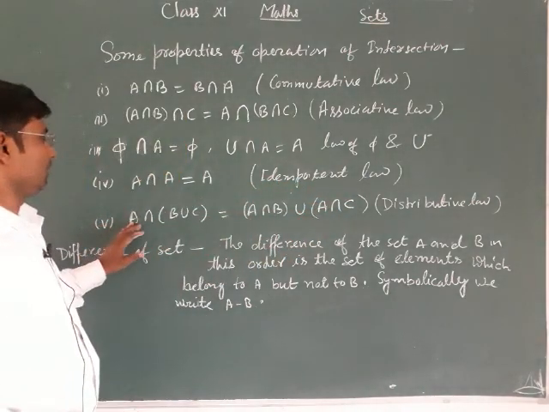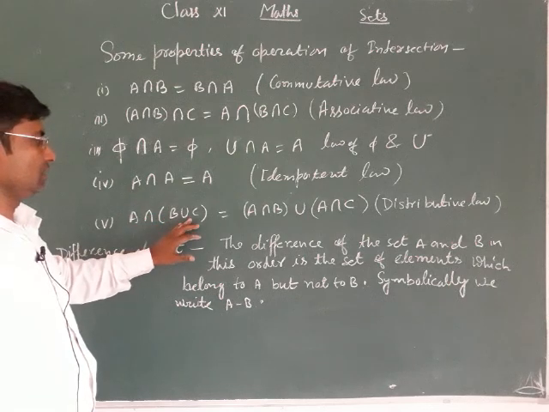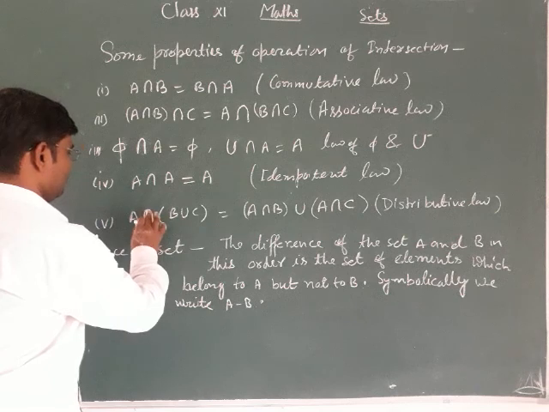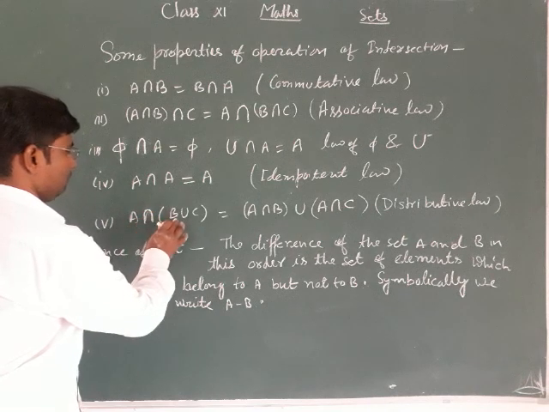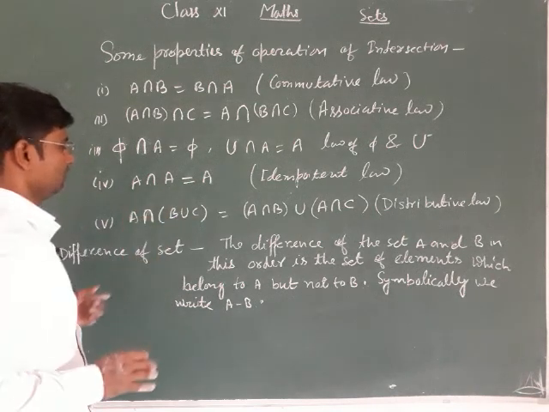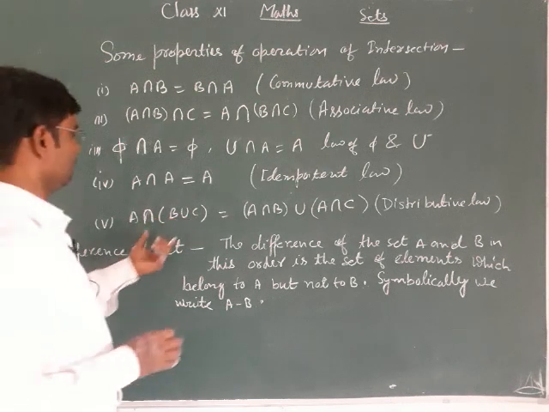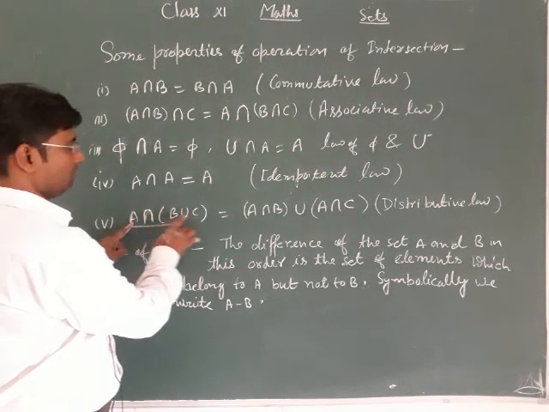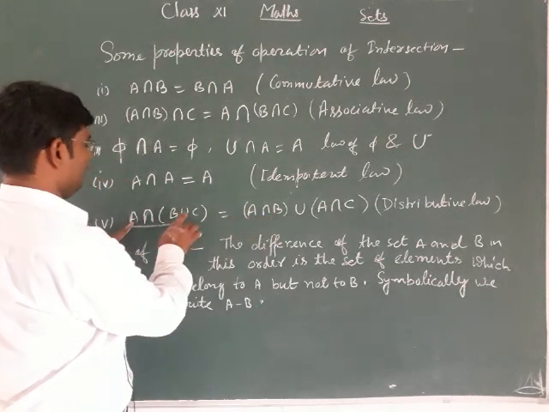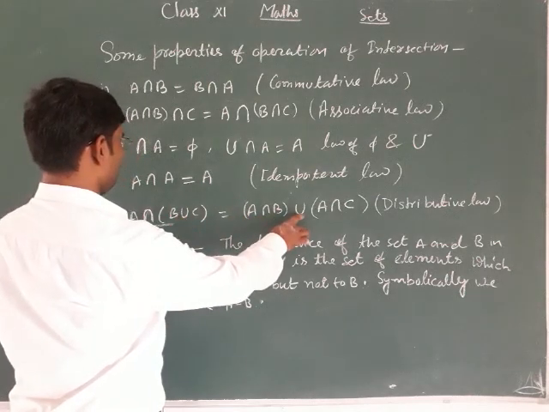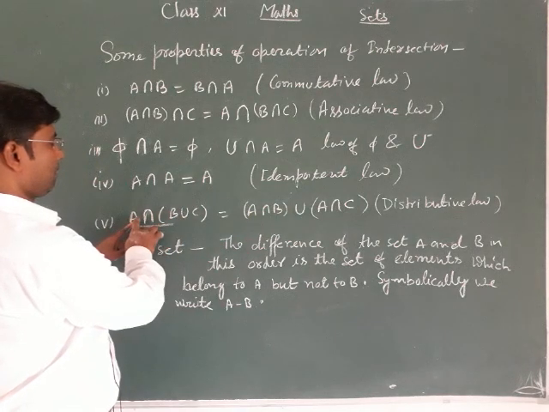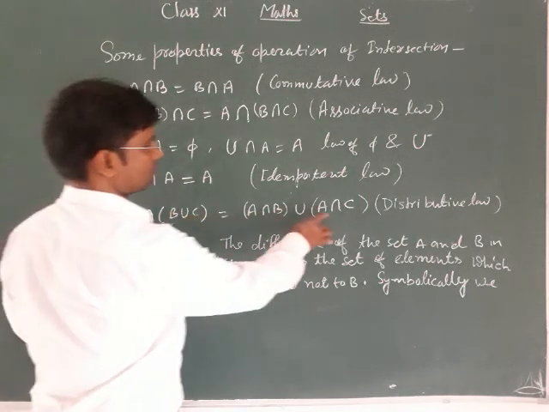And fifth, A intersection (B union C). This is very important. So A intersection (B union C) you can write as (A intersection B) union (A intersection C).